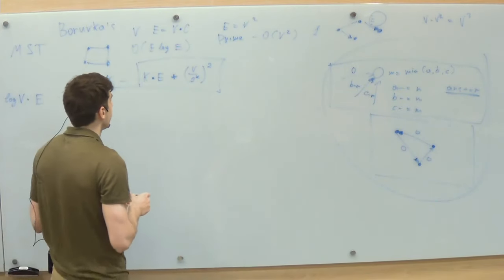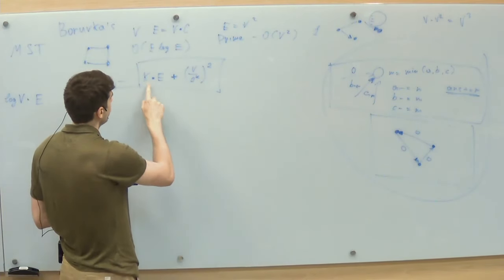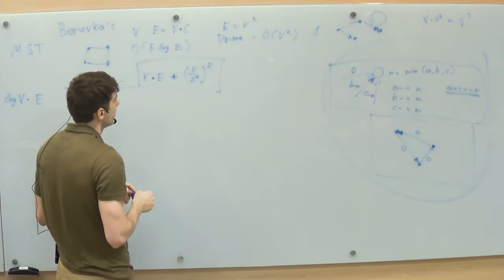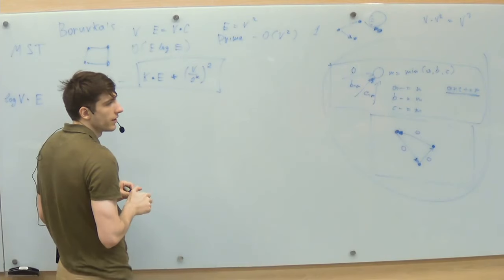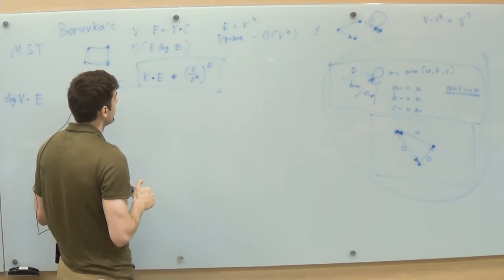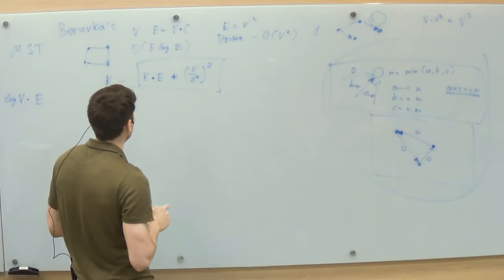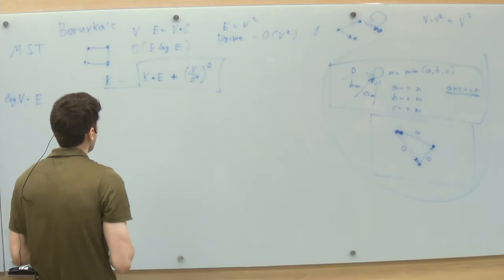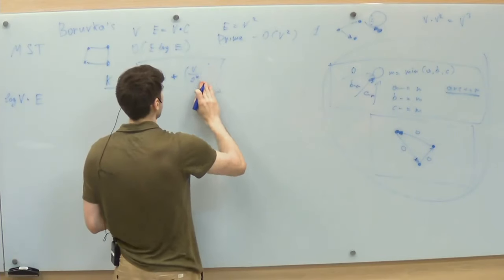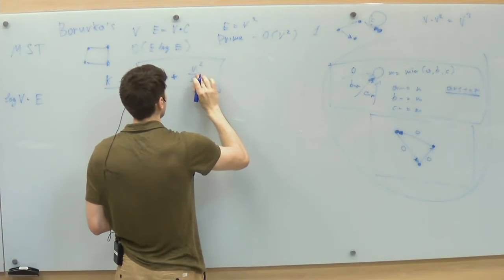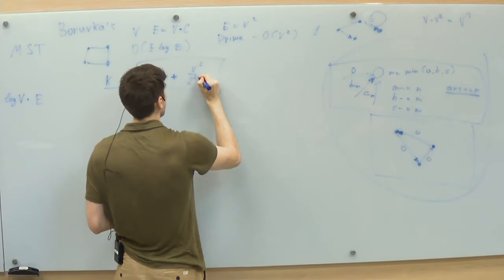I think if we are looking for the minimum of this function, we have to differentiate this equation and find the root of the derivative. So this was V squared over 2 to the power 2k.